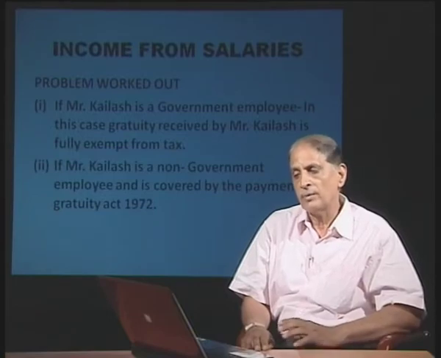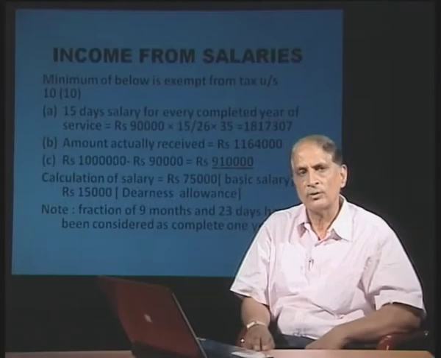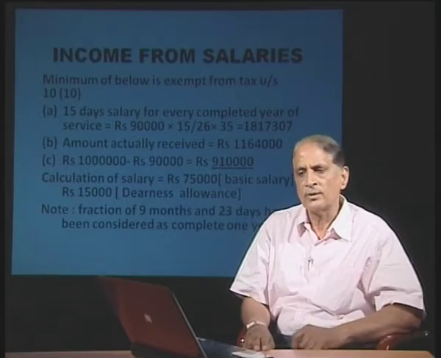If he is covered by the Payment of Gratuity Act 1972, then the exemption is given to the extent of minimum of 3 amounts: 15 days salary for every completed year of service, second amount actually received, and third the maximum amount rupees 10 lakh. Now, on that basis we are going to calculate the amount of gratuity which is exempted from tax.